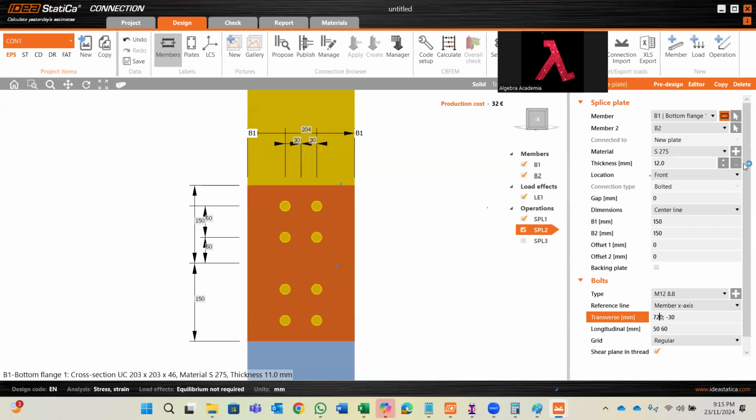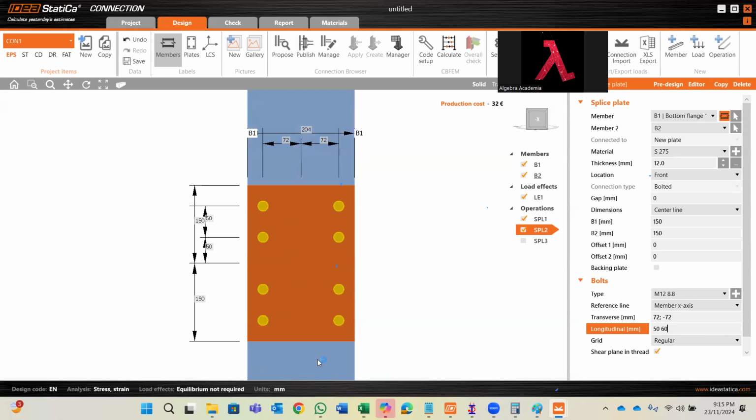So 72, 72. Okay, then going here, from half of the bolt, 60 plus 60, the total plate dimension is 300 millimeters.